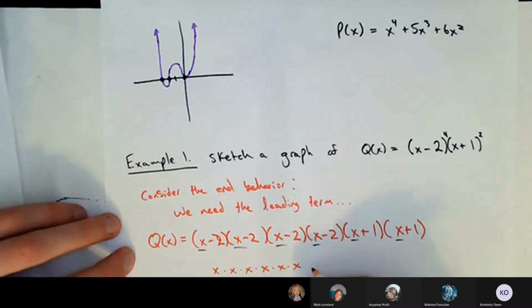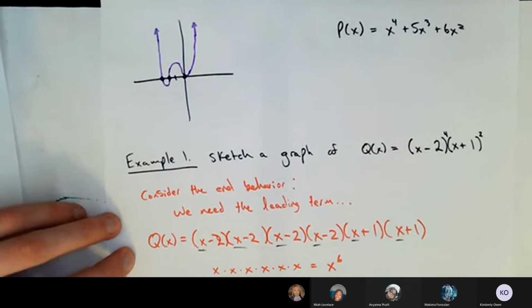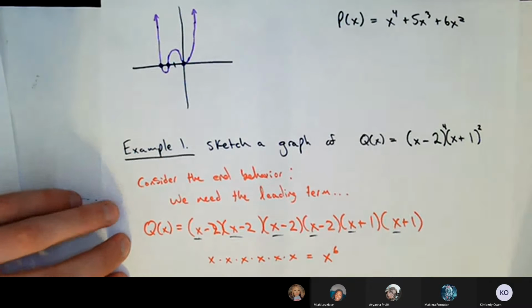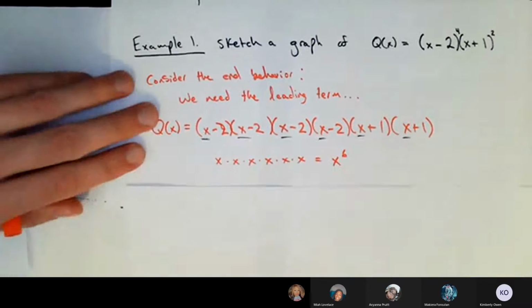There are 6, so that gives me x to the 6th. That leading coefficient is still a 1. We've looked at some before where the leading coefficient was like a 2, so that 2 got multiplied by itself a whole bunch. But in this case, there's nothing like that, so our leading term is just x to the 6th.